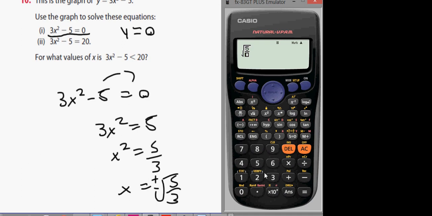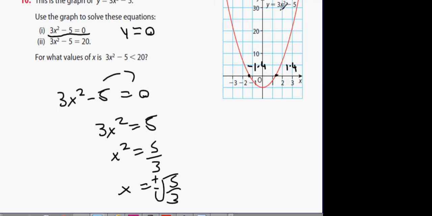So we got 1.4, not as close as we like. I suppose it's 1.3, lads. It's as good as you can do with the graph. So the actual answer will be 1.3. We went for 1.4. But as I said, how long did it take me to check that? 10, 20 seconds.